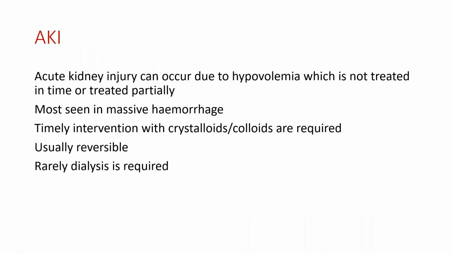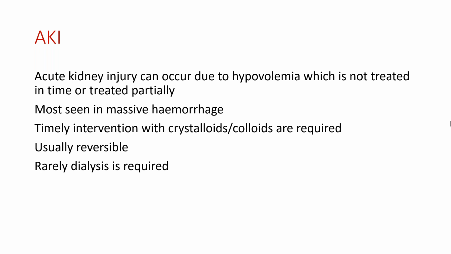Then the next complication is AKI, acute kidney injury. It happens because of hypovolemia which is not treated in time or is treated partially. It is most commonly seen in massive hemorrhage, so what it needs is timely intervention with crystalloids and colloids. The AKI which occurs because of massive hemorrhage is usually reversible, and rarely needs dialysis.